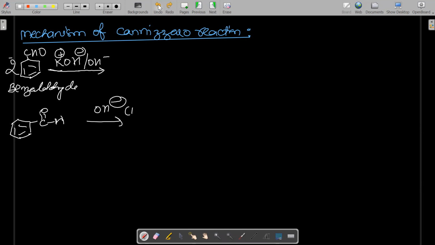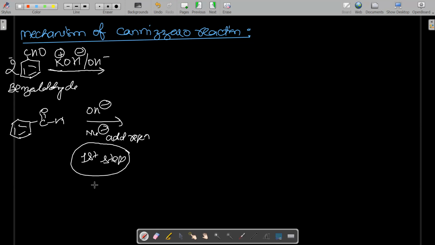So this is called a nucleophilic addition reaction. Basically all reactions of Cannizzaro are nucleophilic addition reactions. This is the first step, and this first step is the fast step.